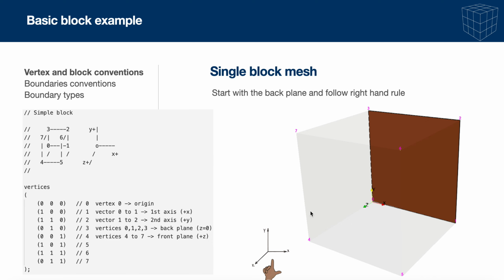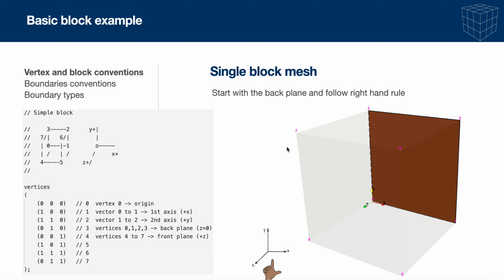The first point, for example point 0 here, will define the origin, and point number 1 and the vector from point 0 to 1 will define the first axis, or x-axis in this case. The vector from point 1 to 2 will define the y-axis, and 0, 1, 2 and 3 will define a plane which will be at the third axis equal to 0, or in this case z equal to 0. And you need to follow the right-hand rule when you assemble these axes.